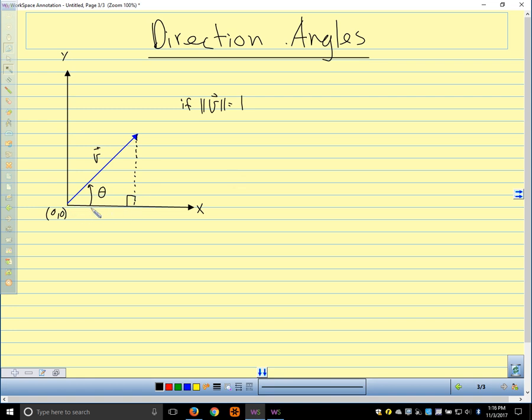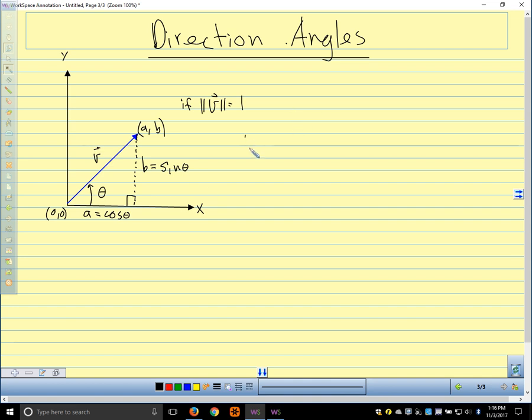This is at (a, b). If the magnitude of v is 1, a is just cosine theta. The x-coordinate is the cosine of the angle, and b equals sine theta.